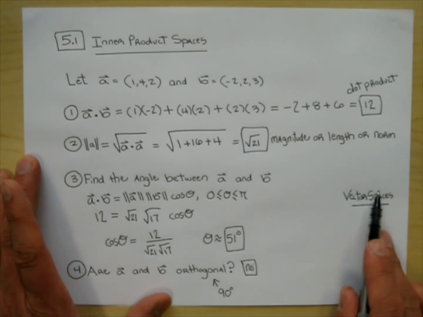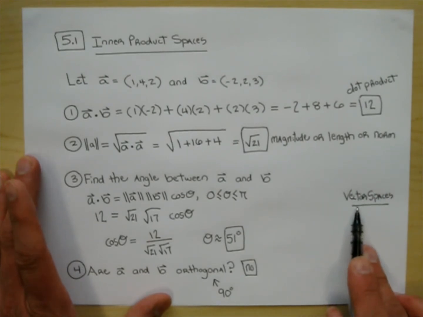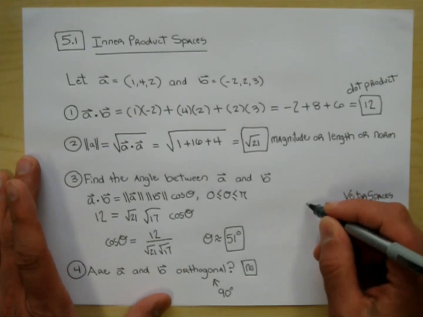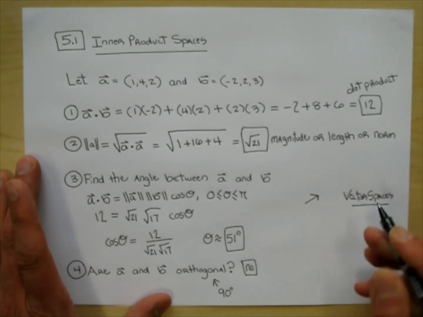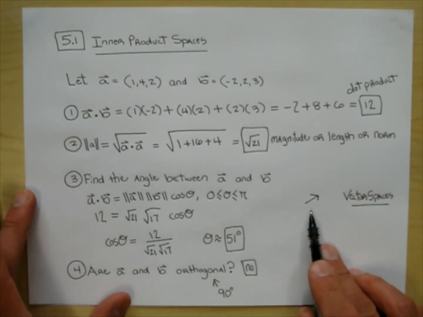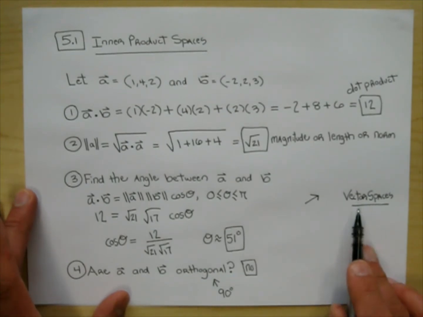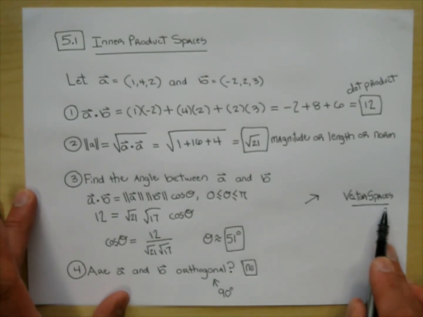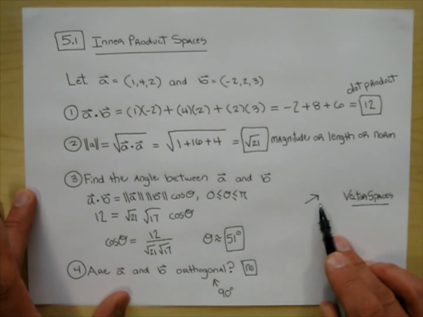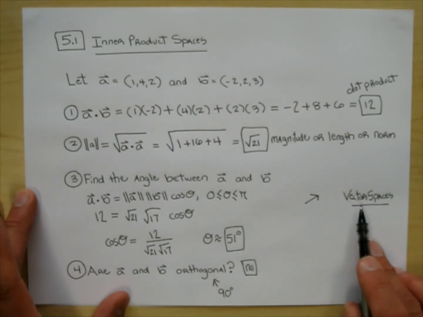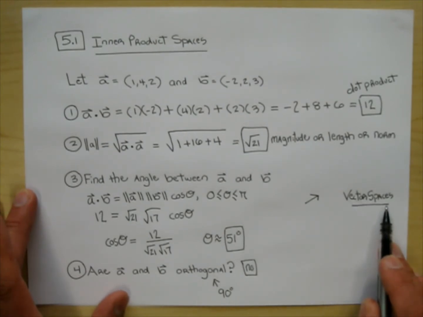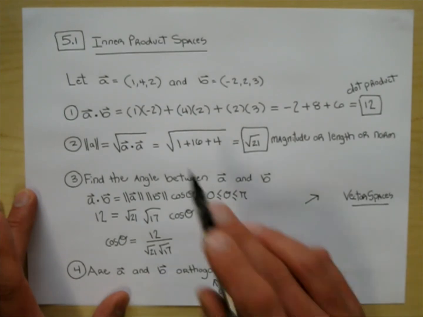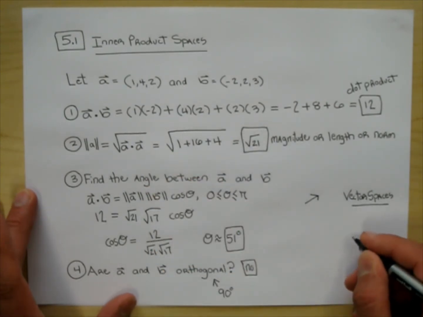When you saw that word vector, you thought, I know what vectors are. They're these little arrows. And yes, but vector spaces are a generalization of like R2 or R3. Vector spaces could be matrices or polynomials or continuous functions. Well, we're going to do the same thing with inner product space.